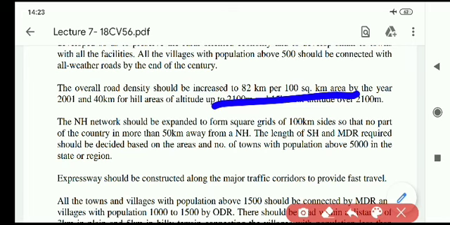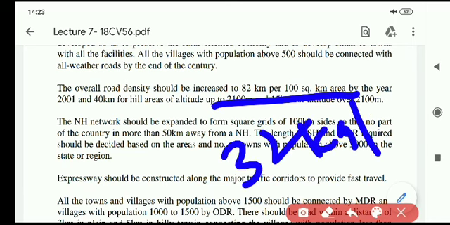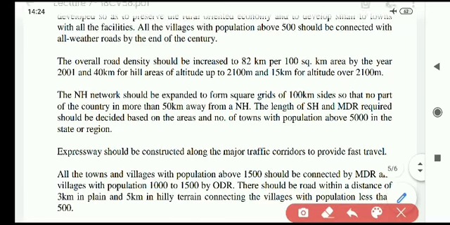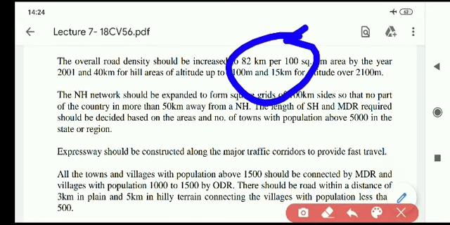For the second, that is the Bombay plan, it was 32 kilometer per every 100 square kilometer. Whereas for the third 20-year road development plan, that is the Lucknow plan, it is more than double: 82 kilometer for every 100 square kilometer density is fixed.